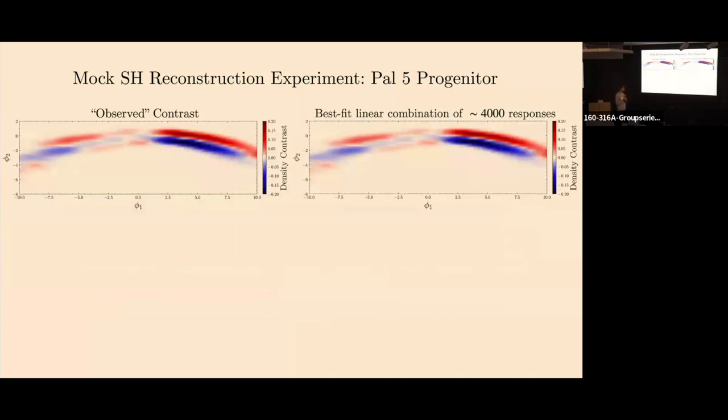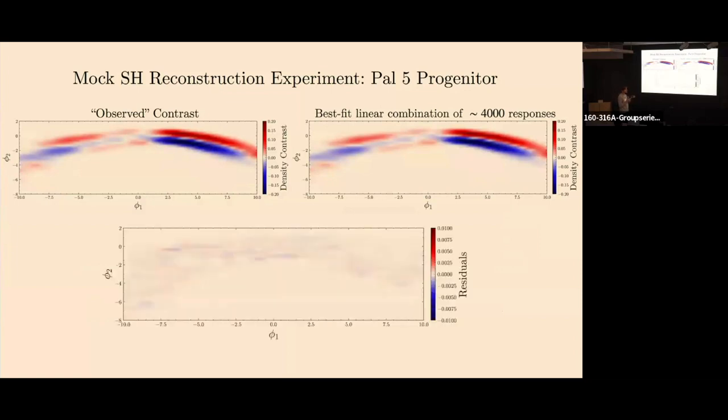And you get out this sort of surprising thing, which is you can do a very good job, it was surprising to me at least, of reproducing this observed contrast by just taking linear combinations of a bunch of subhalo impacts at linear order. The residuals are ridiculously small. That's 0.01 in the residuals there. So these are sub-percent level residuals just from 4,000 simulations.